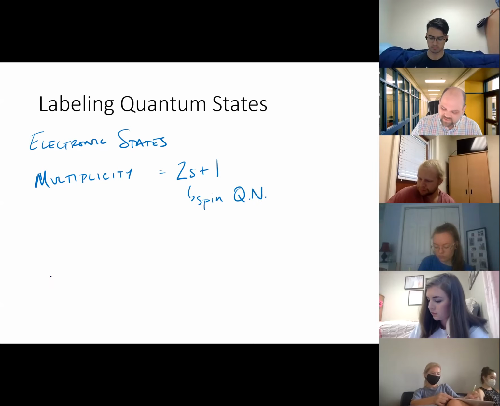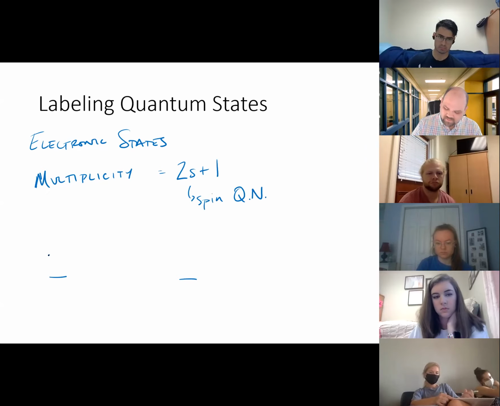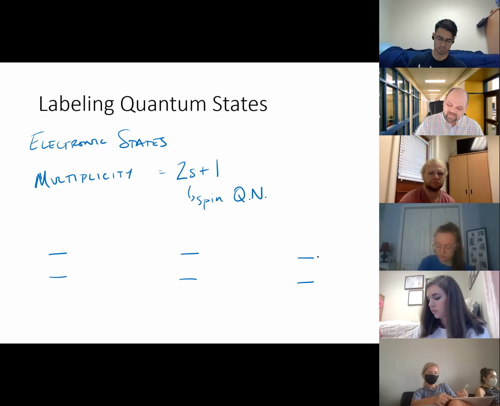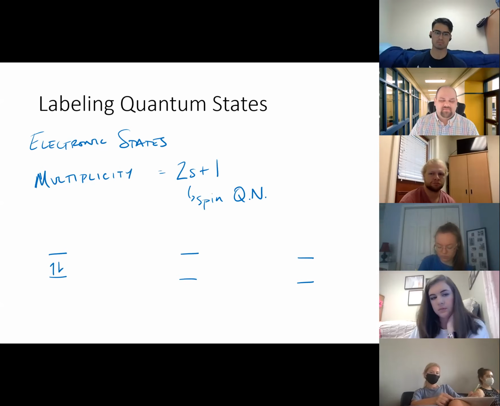And so I'm going to draw a couple of different situations here. If I have both electrons like this, we call that being in the ground state. It's in the lowest energy state.